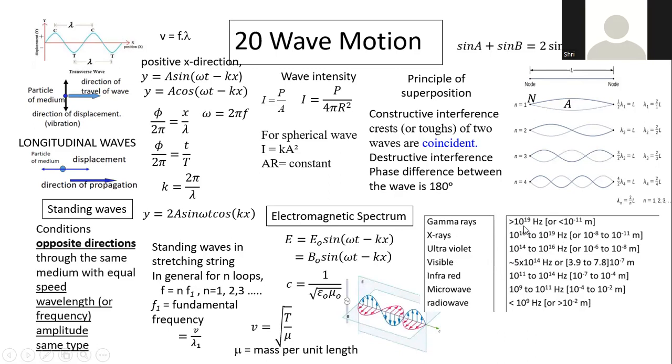Gamma ray is more than 10 to the power 19. X-ray is more than 10 to the power 16. Ultraviolet is 10 to the power 14, and visible is about 10 to the power 14 too. Infrared is 10 to the power 11. Microwave is greater than 10 to the power 9. Less than 10 to the power 9 will be your radio wave. How do you memorize it?